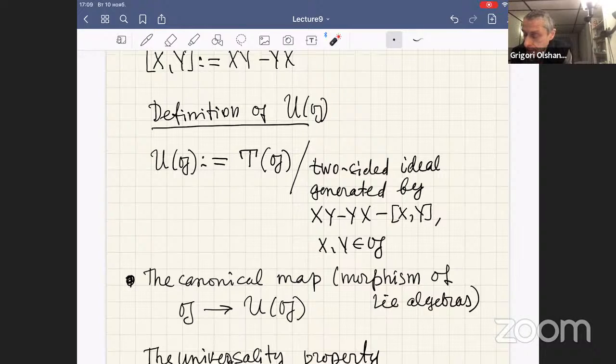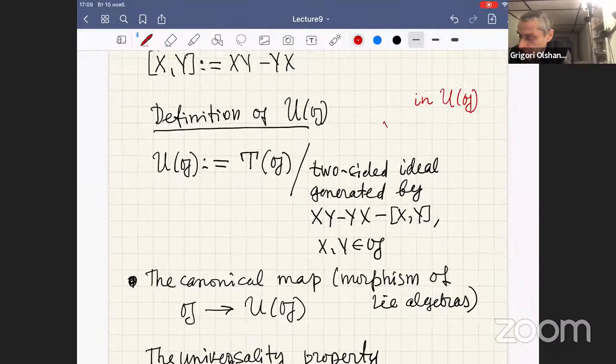So it means that in this algebra, you always have the following identity.